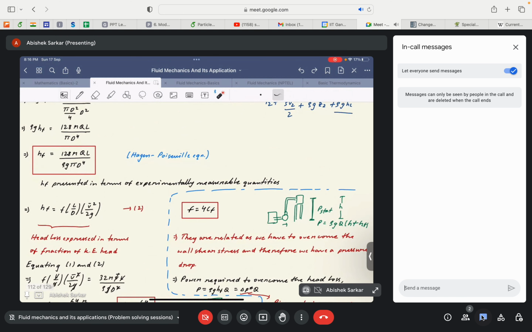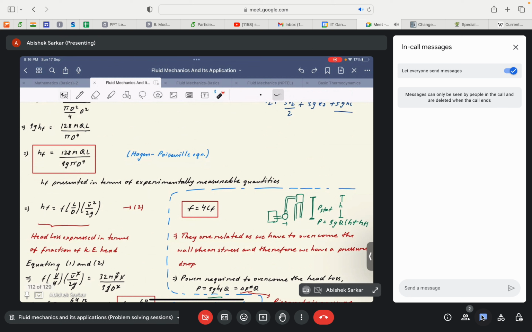Then again, HF can also be represented as a fraction of the kinetic energy head. Okay, that is what has actually been done. So here V square by 2g represents the kinetic energy head, but these two terms, F and L by D, since these are non-dimensional, the dimensionality of the equation is not hampered.